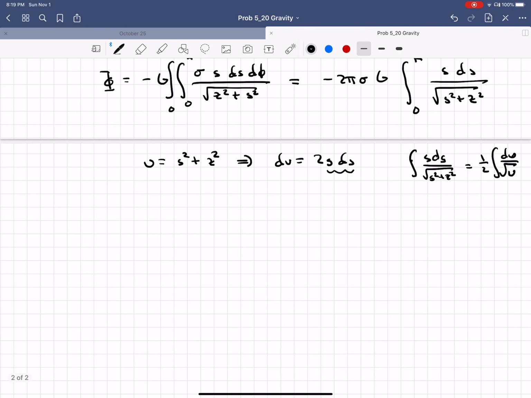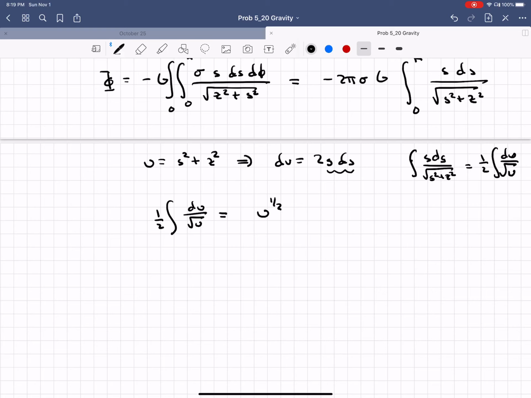And so the integral of du over the square root of u, with a half out front, I think I've done that right, would simply be u to the 1/2 power, right? So if I take the derivative of u to the 1/2 power, I would pull down the 1/2.